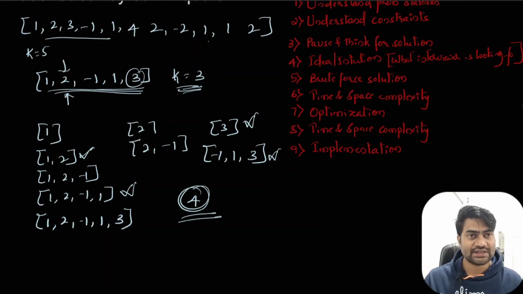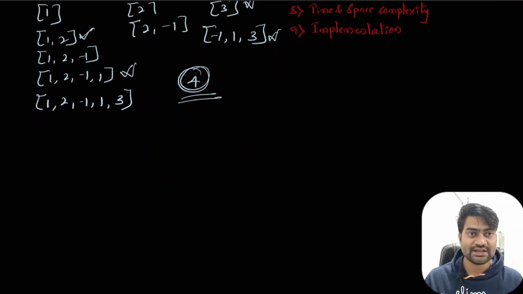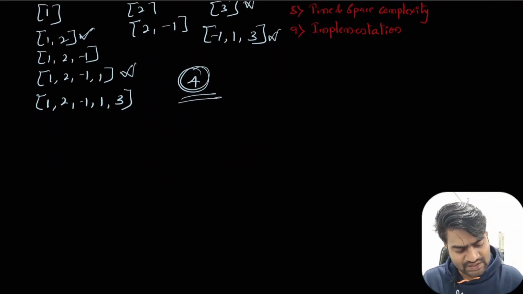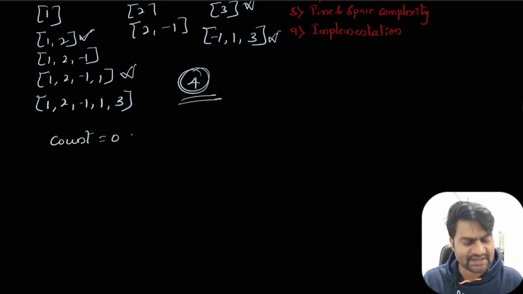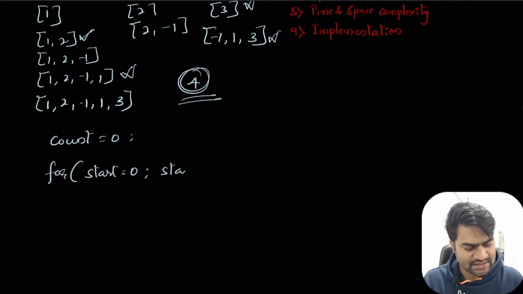Okay, so this is the extreme brute force solution. Let us try to look into the pseudocode for this. Now I will take a counter, and I will say it is 0. Then I will use a for loop for start equal to 0, start less than n, which is the length of nums array, then start plus plus.